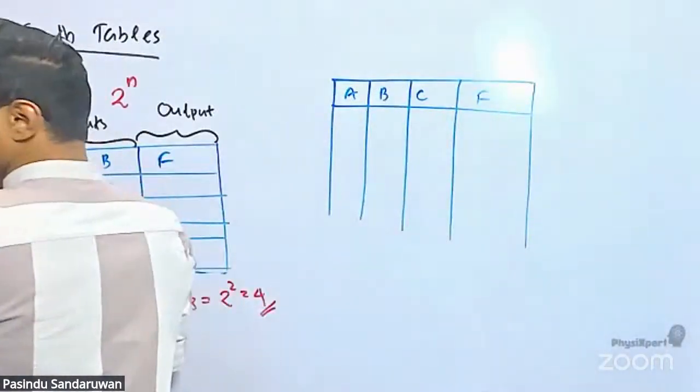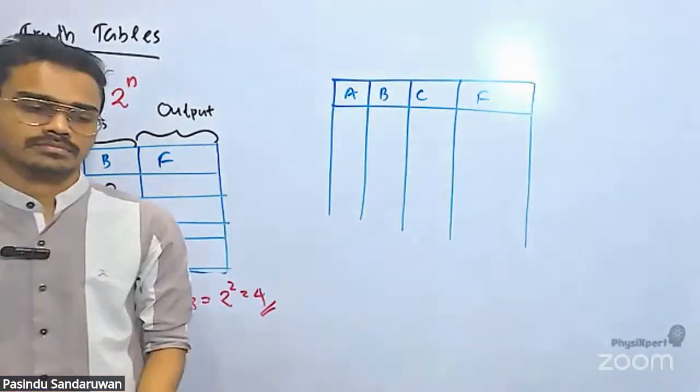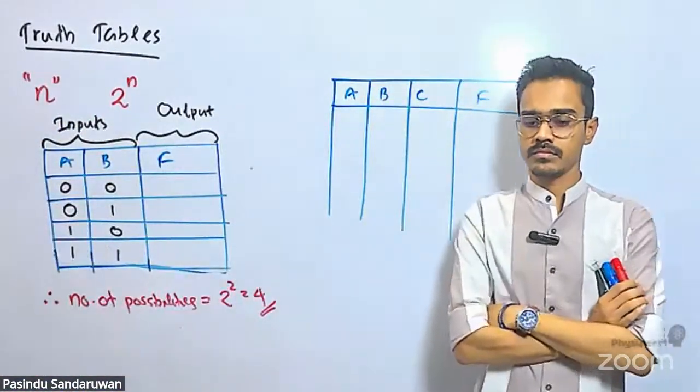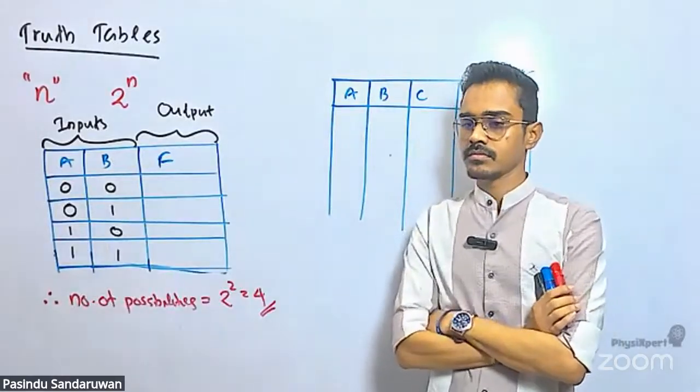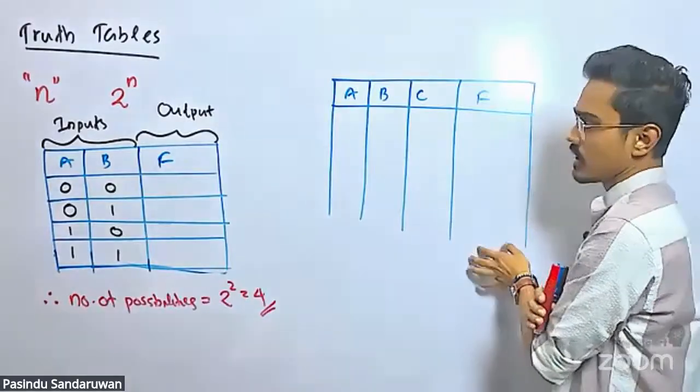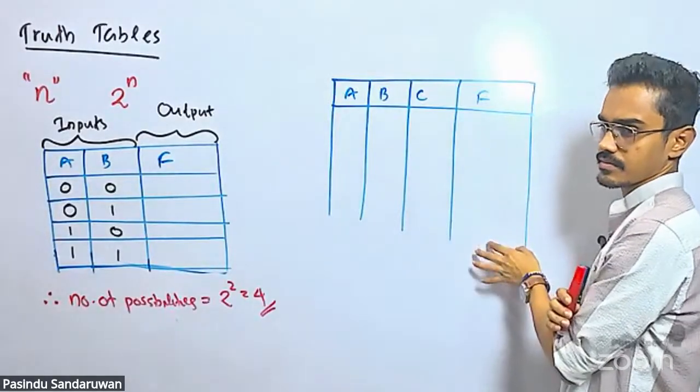How many possibilities in the second table?